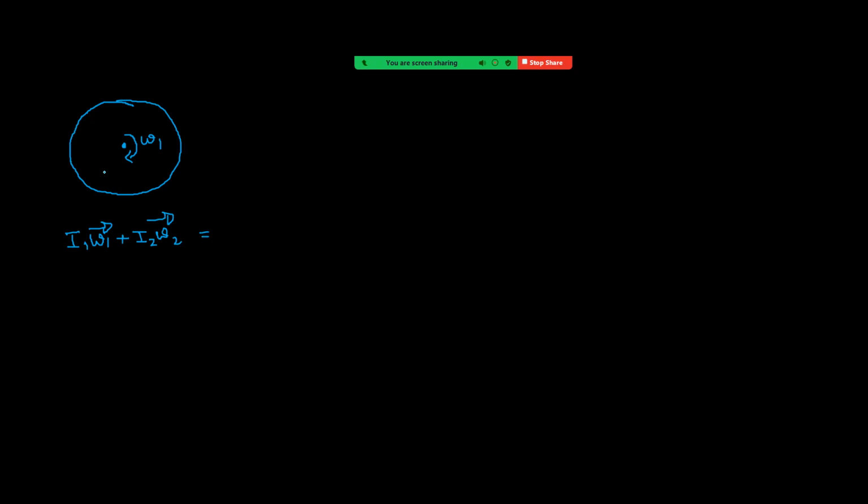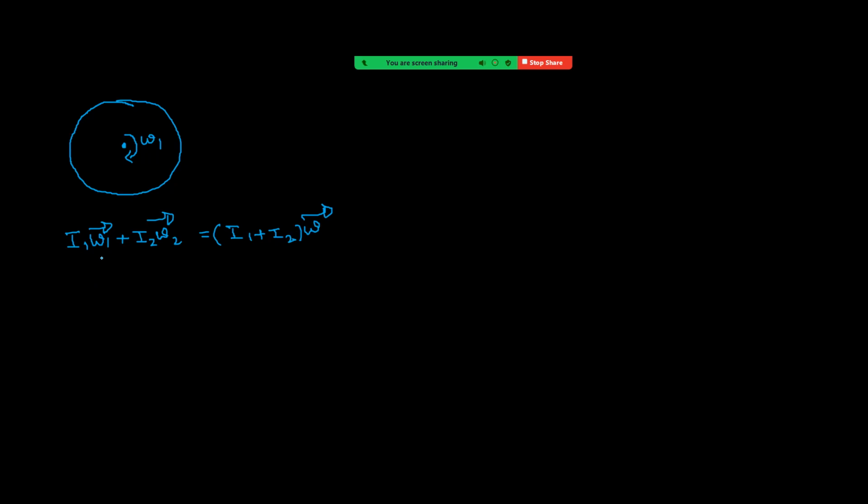When you are placing the other one on this one, between these two disks because of friction, after some time, they come to have the same angular velocity. That means finally it is I1 plus I2 into omega bar. So this is according to conservation of angular momentum.